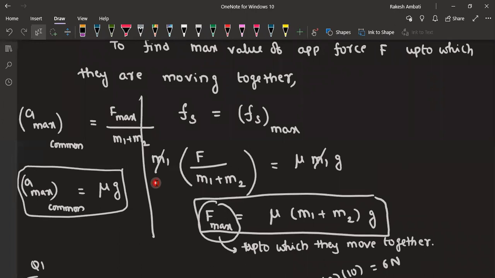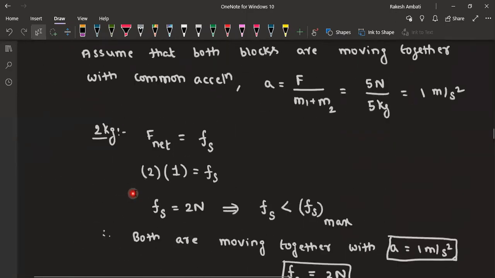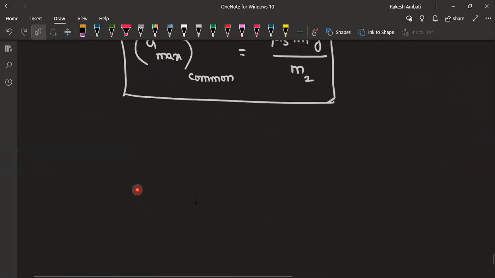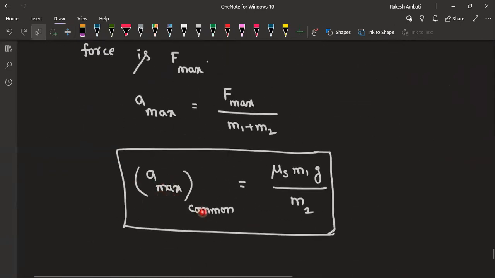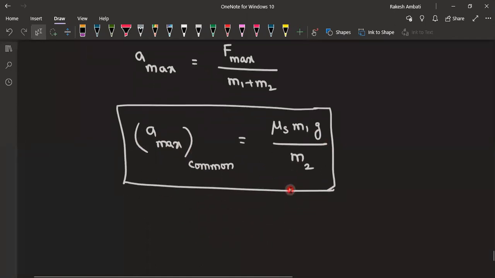In type 2, it's a maximum common acceleration. Now this equation is applicable when the applied force is acting on the top block. Top block. Okay. Write down the question.